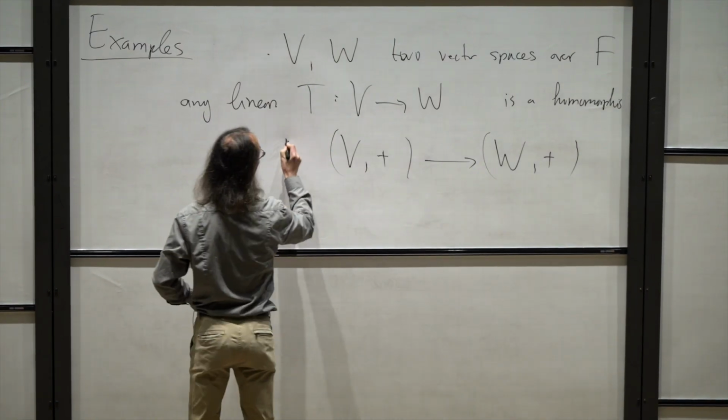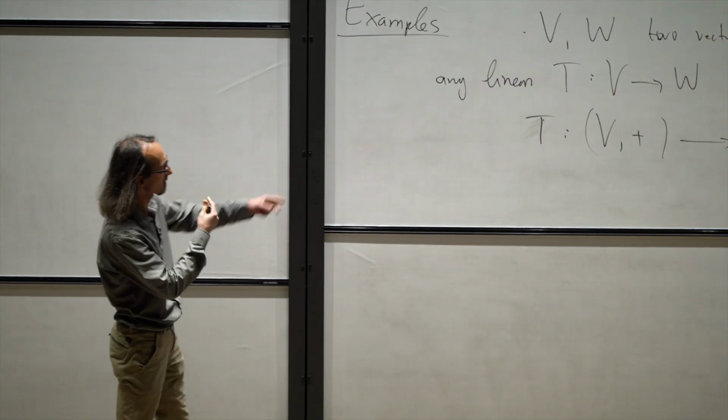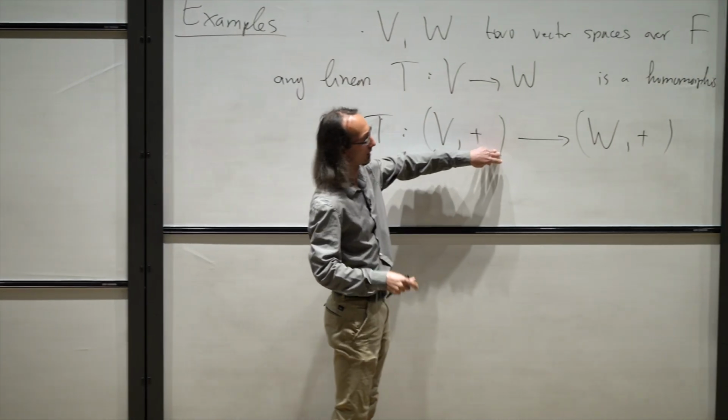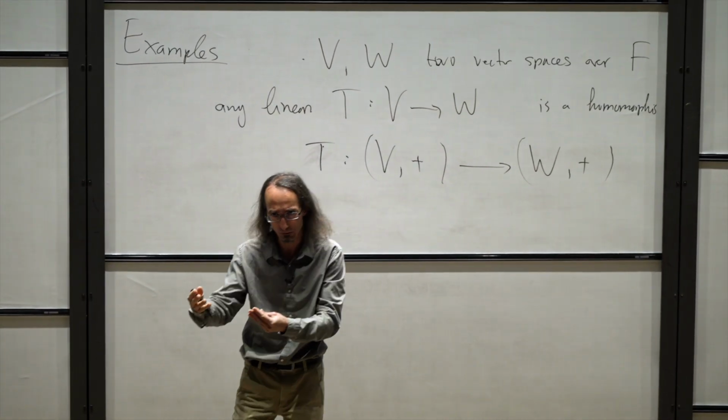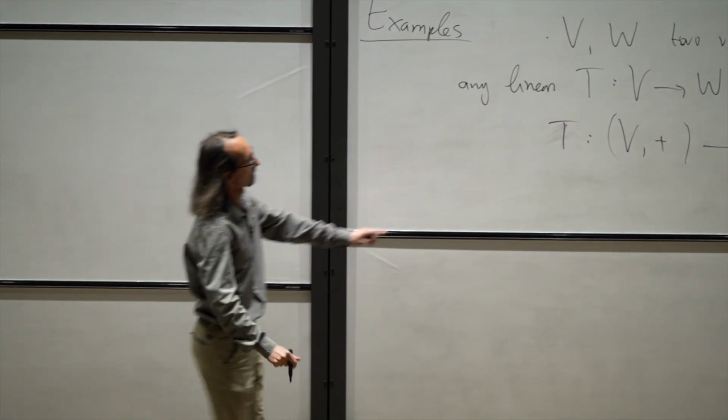Of course, a linear transformation is more than that. It also has to be compatible with scalar multiplication, but here we're only concerned about the group structure under addition.